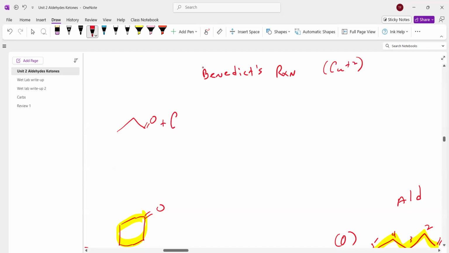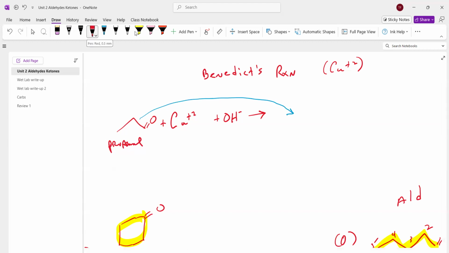So I'm going to add copper. And I'm going to add a basic solution. And then what do we get? So if this is truly propanal, it'll be oxidized to the same backbone.